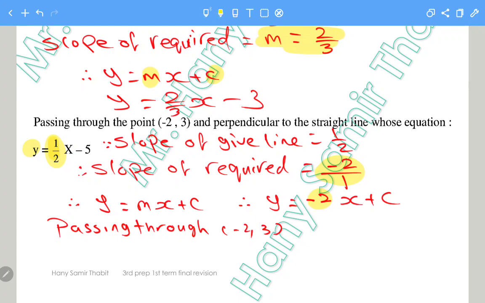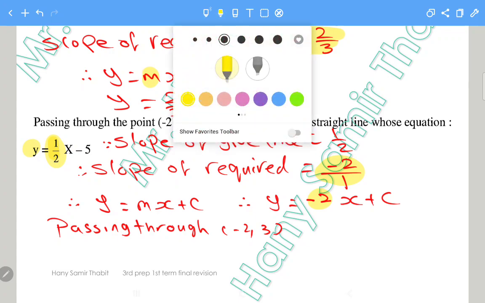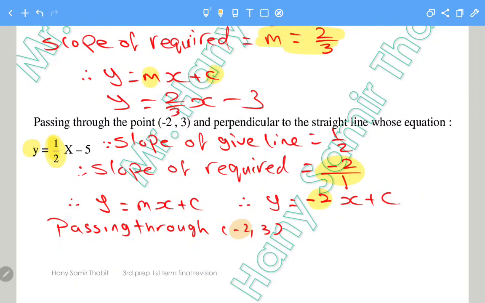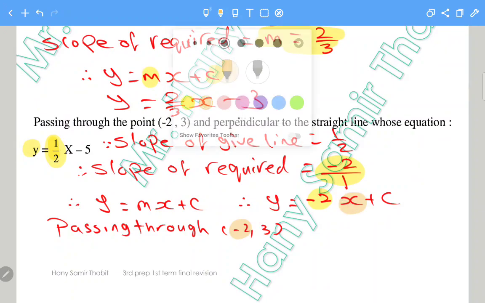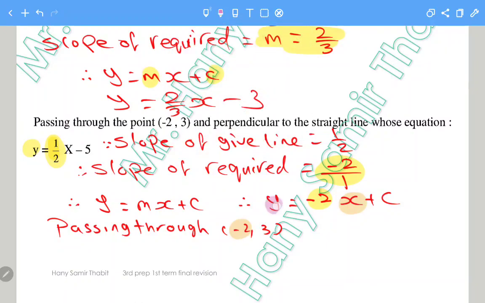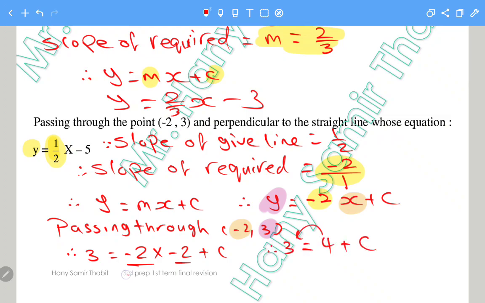This is my x, so I will put x equal negative 2 here, and I will put y equal 3. Then 3 equals negative 2 times negative 2 plus c. Negative 2 times negative 2 equals 4. Then 3 equals 4 plus c. Move out the 4, then c equals 3 minus 4.